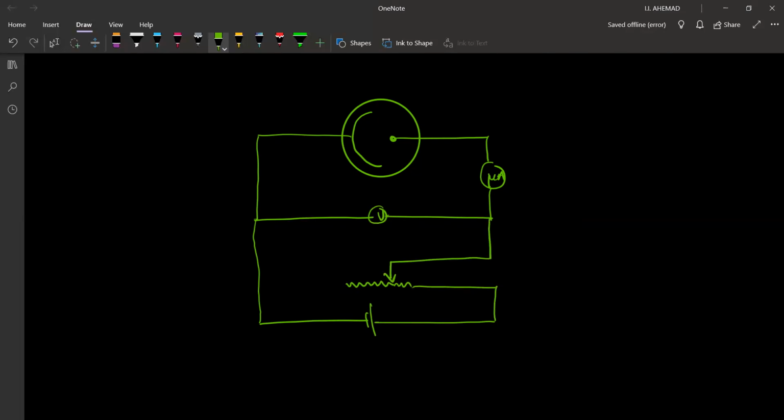So using the sliding key, we can adjust the supply voltage. So this is the sliding key. And we have a voltage supply.